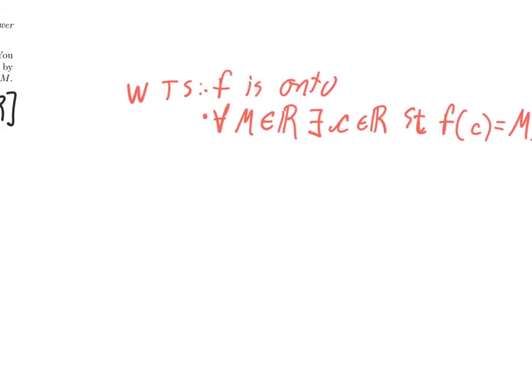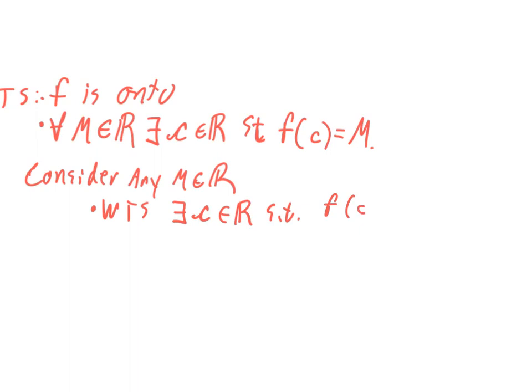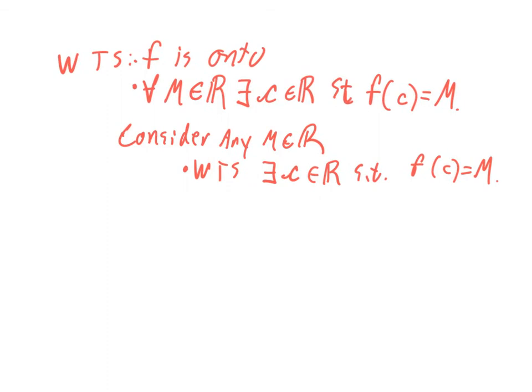So we know what the first thing that we're going to do will be. We'll need to consider any m in R. We will then want to show that there exists a c in R with f of c equals m. Well, this is an application of the intermediate value theorem. So instead of proving that directly, let's try to do something that has to do with the IVT.